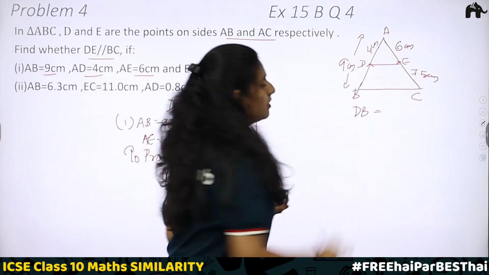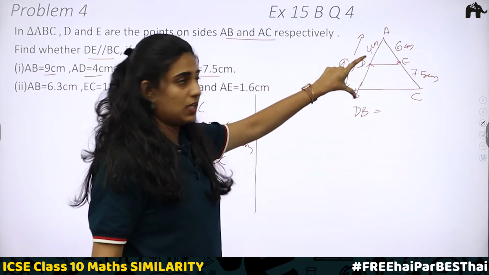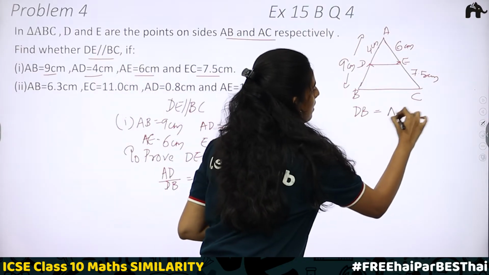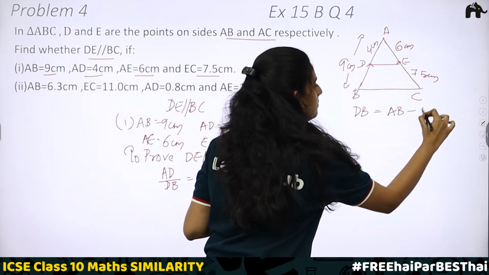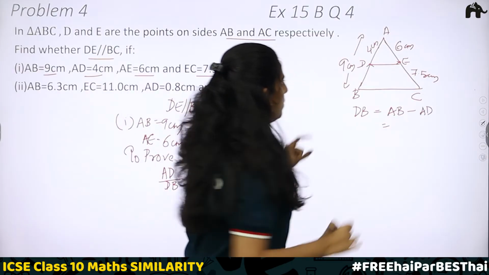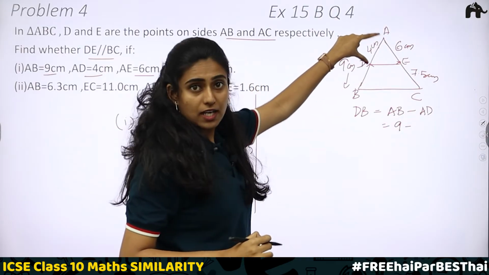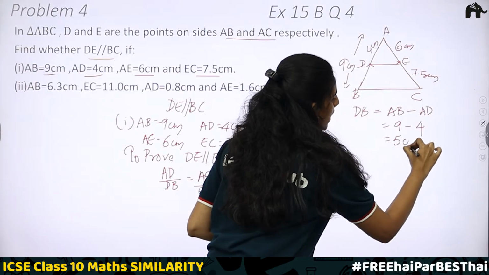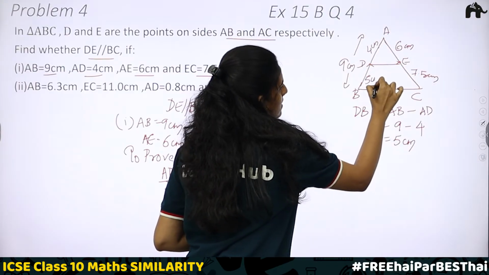DB will be equal to, we have AD plus DB is equal to AB, which means DB will be equal to AB minus this part, that is AD. Here AB, the total length AB is 9 centimeter minus this part is 4 centimeter. 9 minus 4, which is equal to 5 centimeter. We got this DB is equal to 5 centimeter.